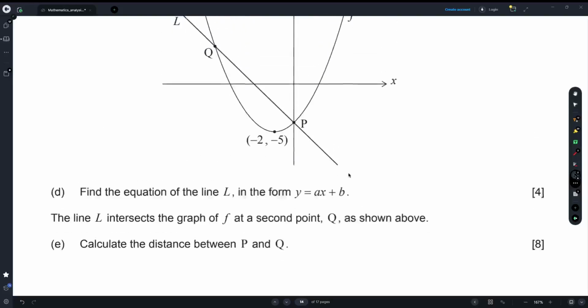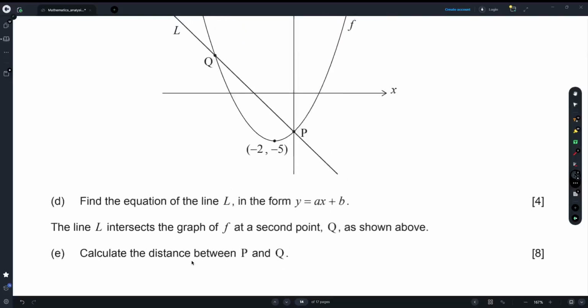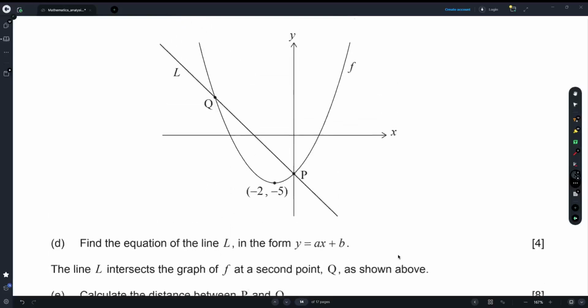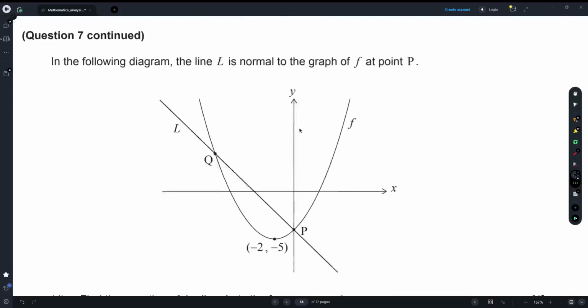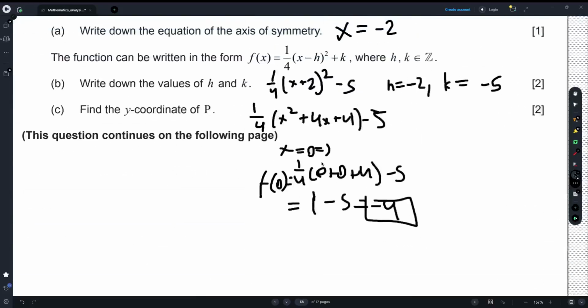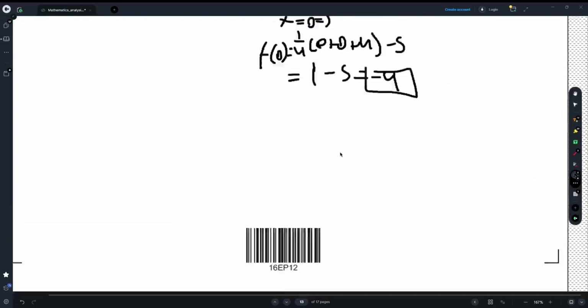Right here we have another function. This is an intersection here. Find the equation of the line L in the form y equals ax plus b. It's normal to the graph of f at point P. So I'm guessing they're referring to this here.